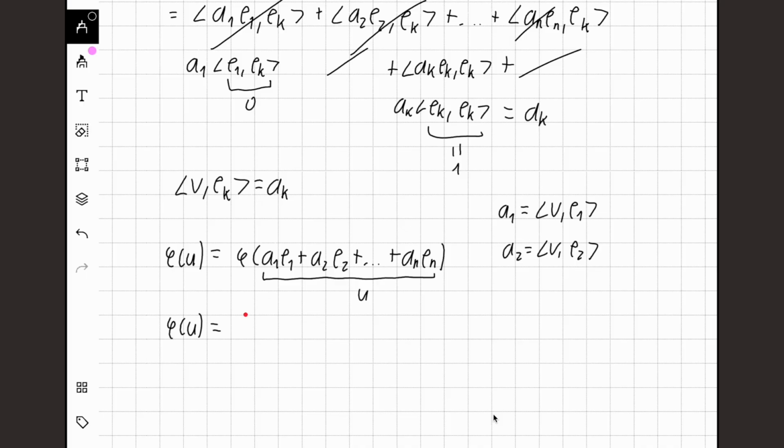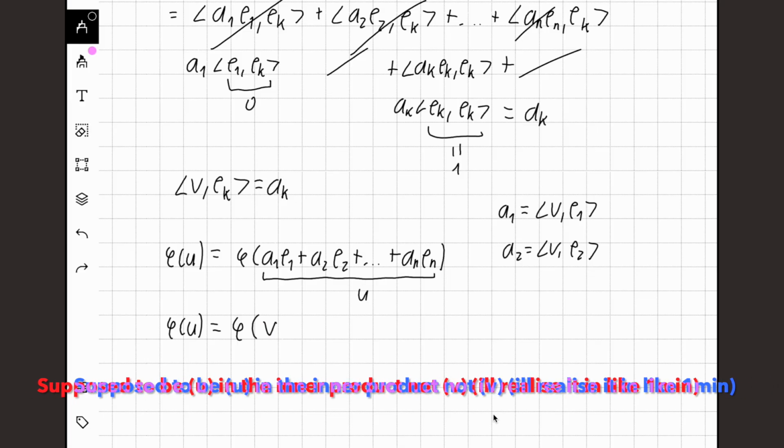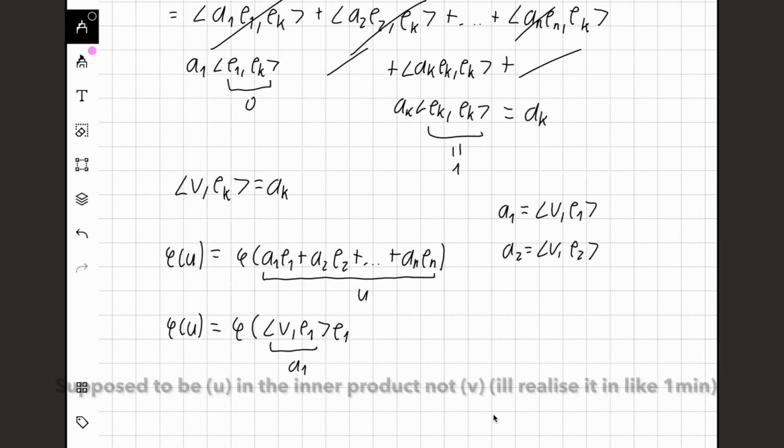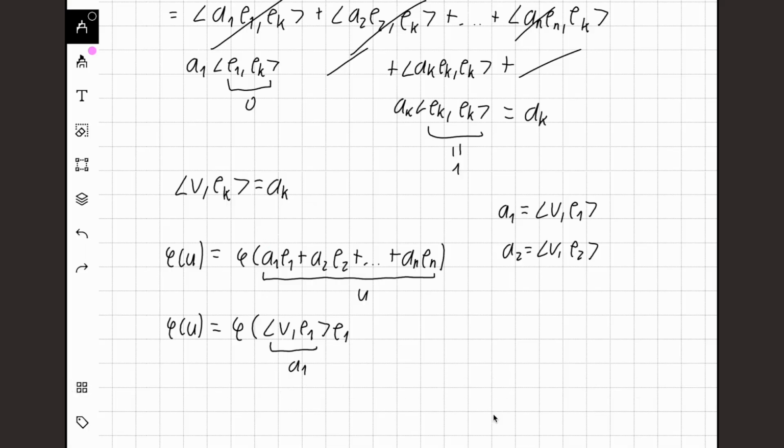So this linear functional of u is the same thing as the linear functional of these terms. Now this is just the notation of how we define the inner product. So ⟨v, e1⟩ times e1, again this is just a1 times e1, this first term here, plus ⟨v, e2⟩ e2, plus all the way to ⟨v, en⟩ en.